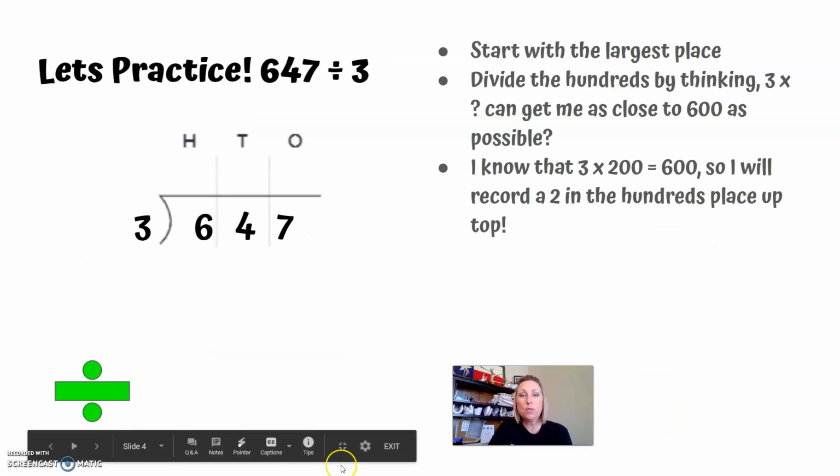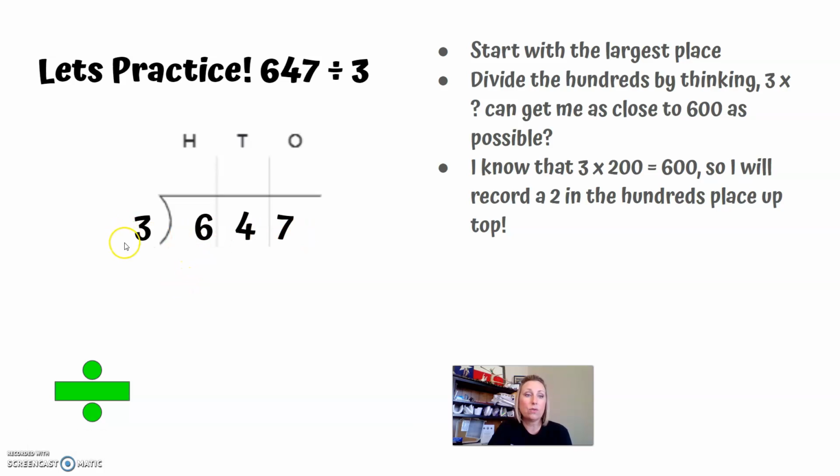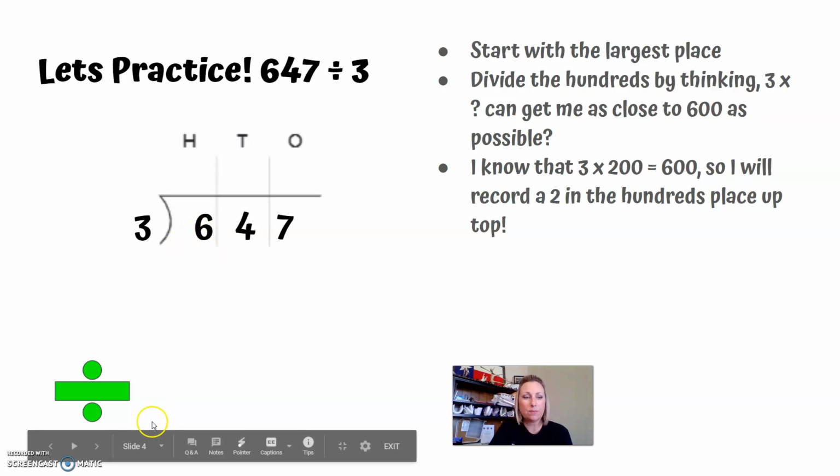Okay, so let's do a little bit of practice. If we were going to take 647 and divide that into 3 groups, we always want to start with the biggest place in case we need to regroup those. So we would divide the hundreds by thinking, 3 times what can get me as close to 600 as possible?